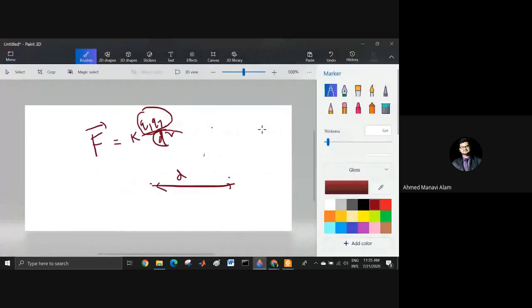Suppose there are two point charges and you want to find the value of the attraction or repulsion force. If the two charges are positive, the direction will be opposite to each other. If the two charges are not the same, that means attraction will happen.